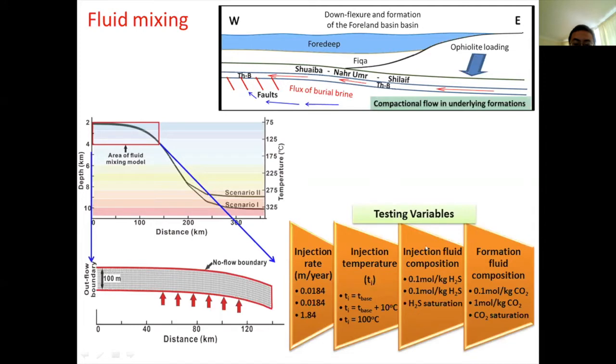And we simulated a series of variations by injection rate, injection temperature, and fluid composition, with different H2S concentrations in the injected flow and different CO2 concentrations in the formation flow.